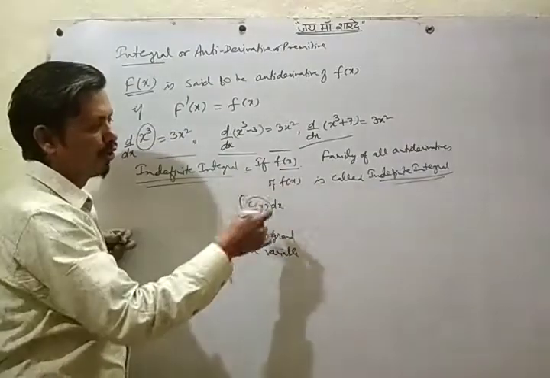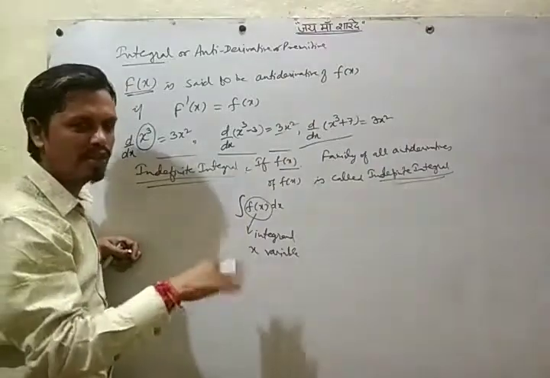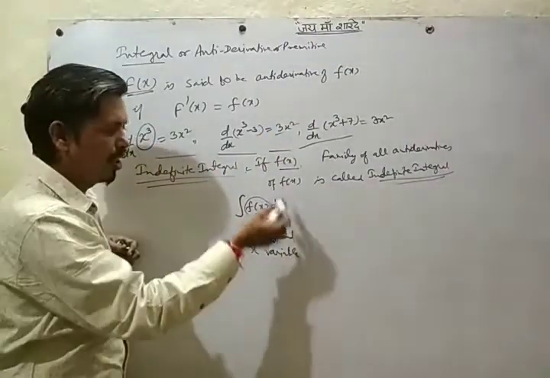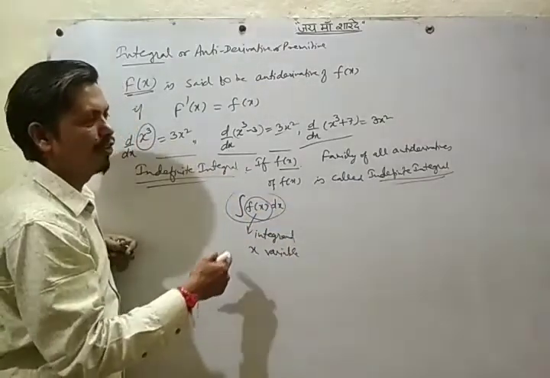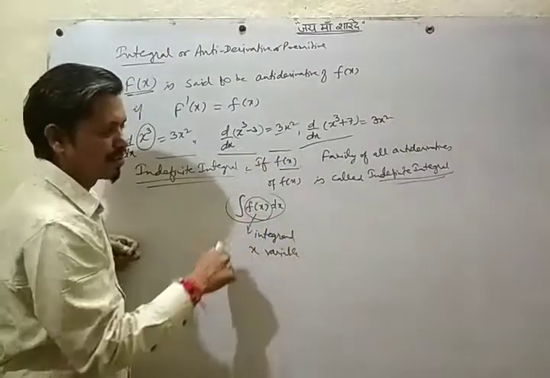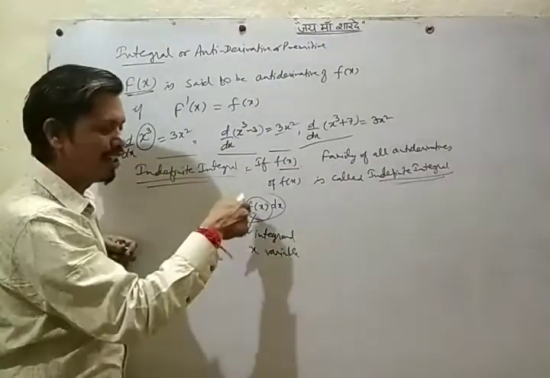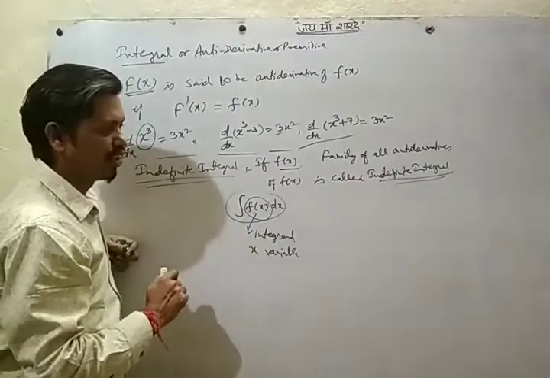The process of finding antiderivatives is called integration. Okay? So this is called integral of f of x. Here f of x is the integrand which we want to integrate. X is our variable of integration.